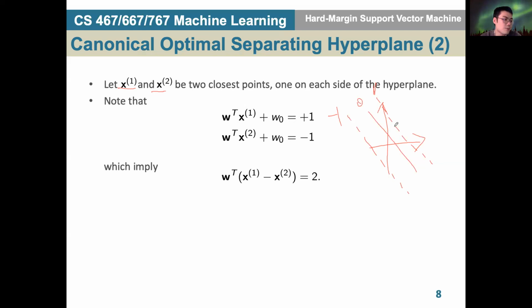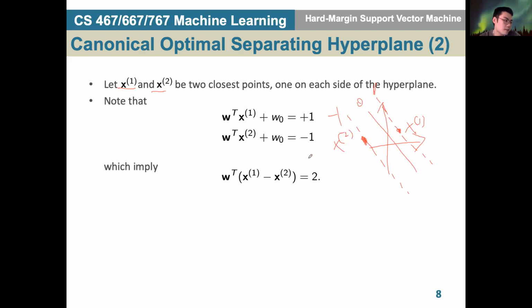So X1 is here, and shifting to the negative side, maybe X2 is here. Let's move a little bit up so that we can show things clearly. So these are the two points. That's why we say W transpose X1 plus W0 is 1, and on this line, for X2, the value is negative 1. So this is what we have right now.